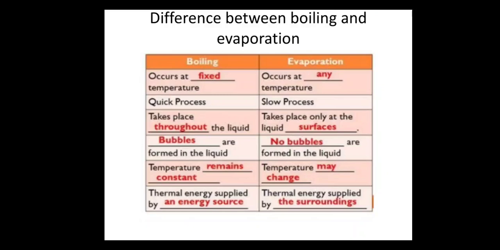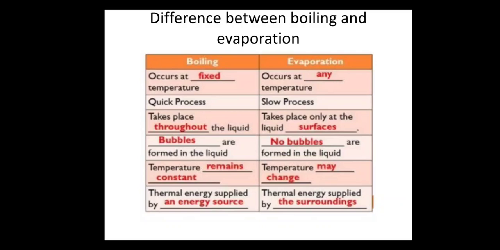Now, let us discuss the difference between boiling and evaporation. Boiling occurs at a fixed temperature while evaporation occurs at any temperature. Boiling is a quick process, evaporation is a slow process. Boiling takes place throughout the liquid, evaporation takes place at the surface of the liquid.